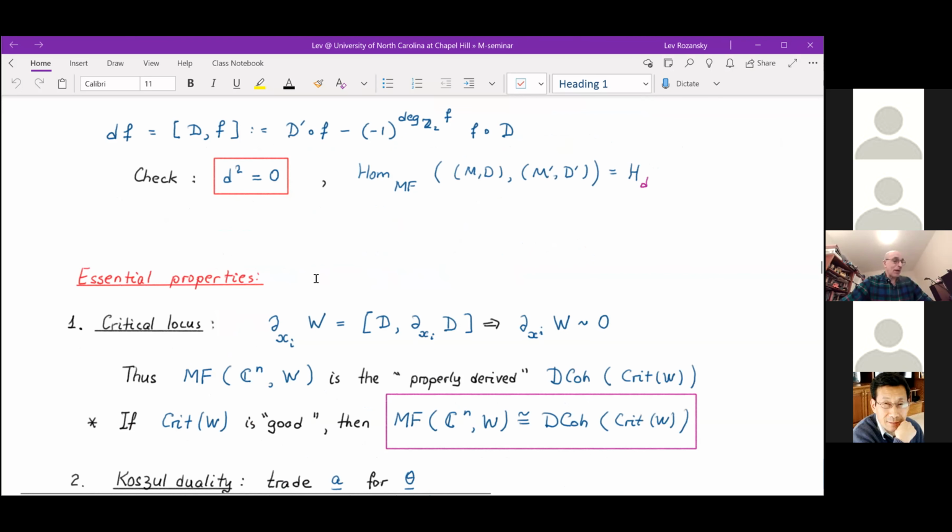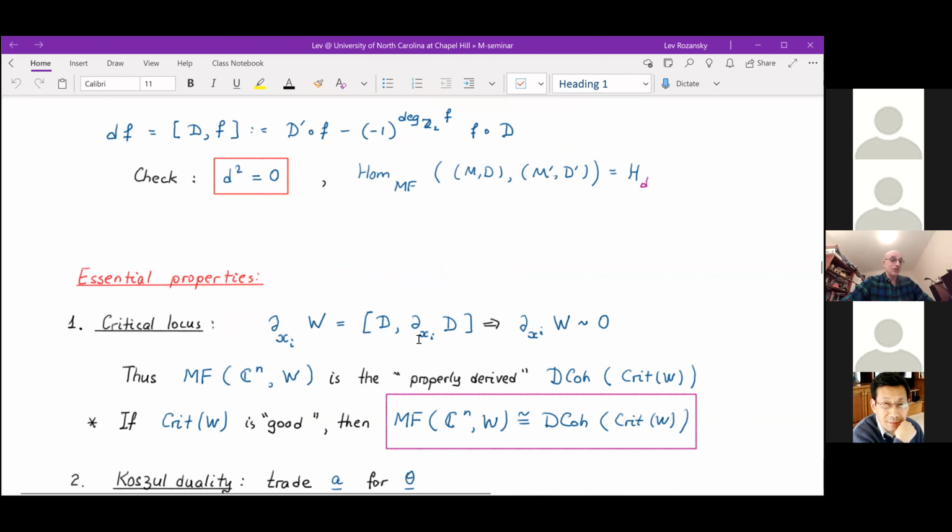So essential properties of this category of matrix factorizations is that, first of all, it resides in an infinitesimal, in a formal vicinity of the critical locus of W. The partial derivatives of W are exact.